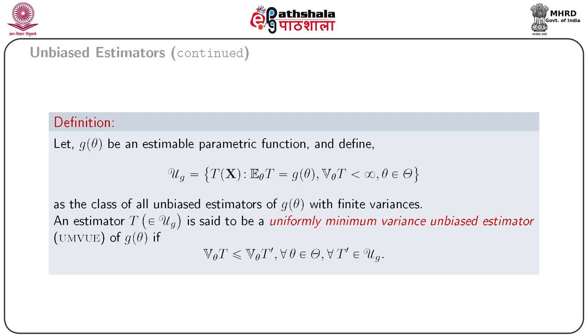That is, U_g equals the set of all T such that expectation of T equals g(theta) and variance of T is finite for all theta belonging to Theta. An estimator T belonging to U_g is said to be a uniformly minimum variance unbiased estimator of g(theta) if variance of T is less than or equal to variance of T' for all theta and for all T' belonging to U_g.